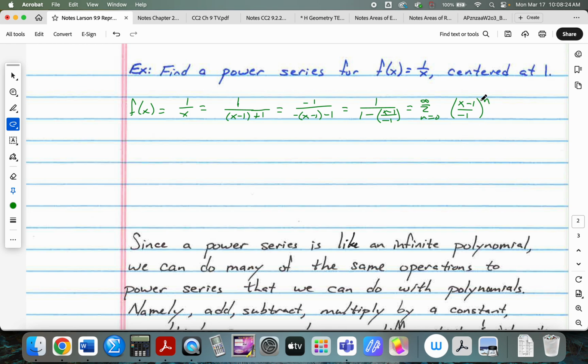And since we want the absolute value of r to be less than 1, we want the absolute value of x minus 1 over negative 1 to be less than 1. Well, that means that the absolute value of x minus 1 has to be less than 1. So that means that our radius is 1, centered at 1, so that'll be from 0 to 2.